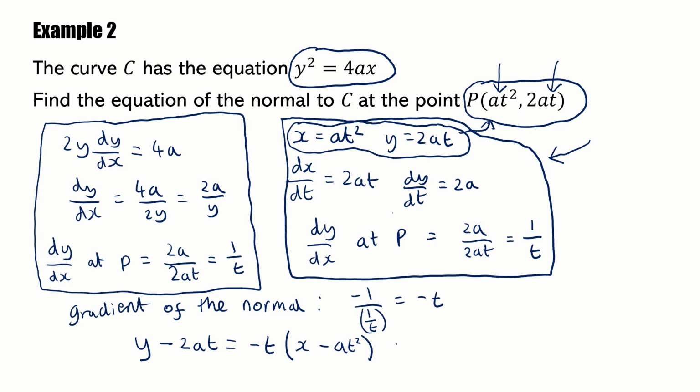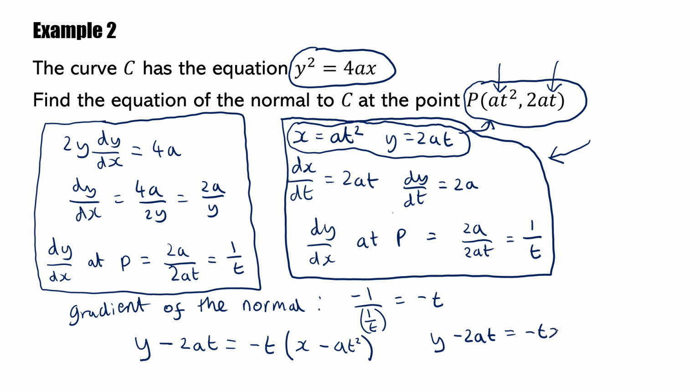It depends what we're doing afterwards, but often these show that questions will want you to rearrange it in the form, for instance, ax plus by equals c style form. So you want the x's and y's together on one side of the equation, anything that's not an x or y on the other side. So you would end up multiplying up the brackets. Sorry, I'm cramming this into the bottom right hand corner of the screen.